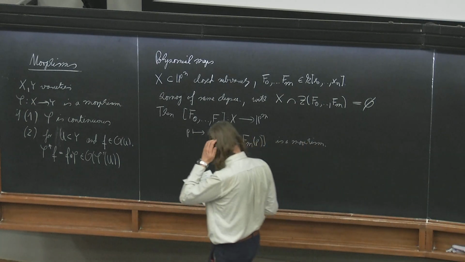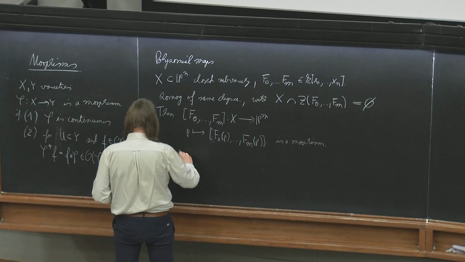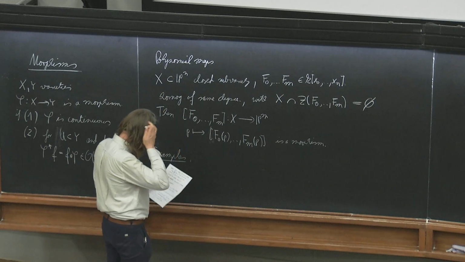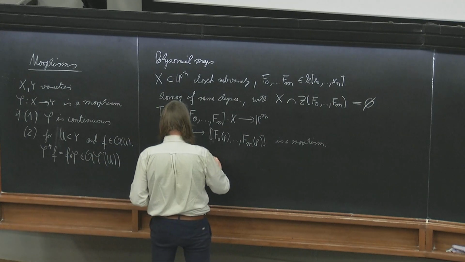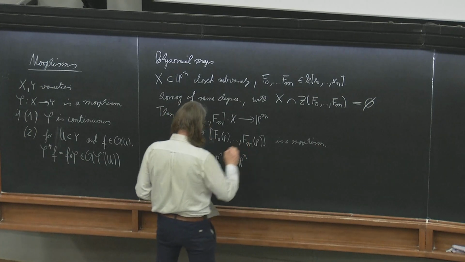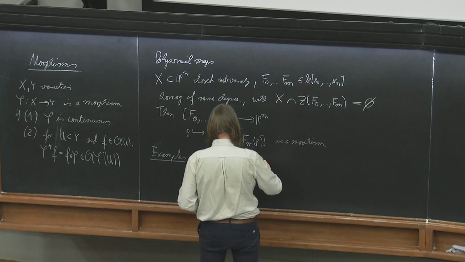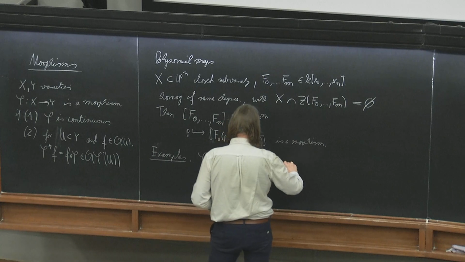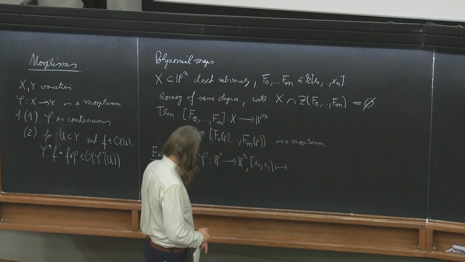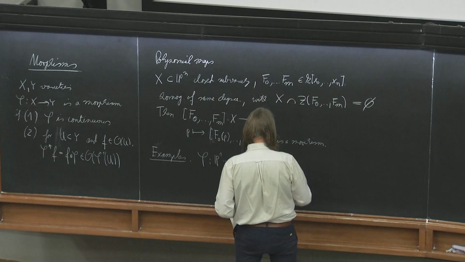So we can look at this map from P1 to Pn, which sends a point with homogeneous coordinates A0, A1 to all the monomials of degree n in some order in A0 and A1.